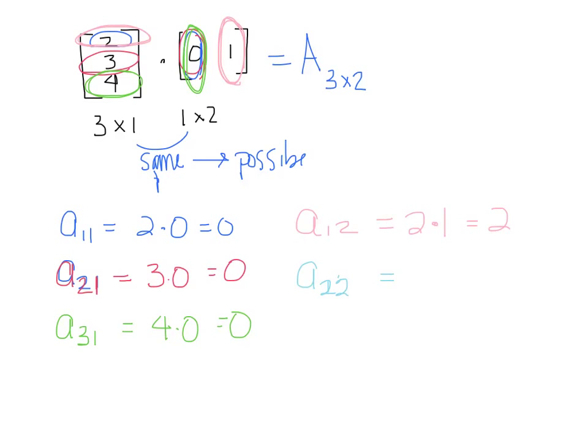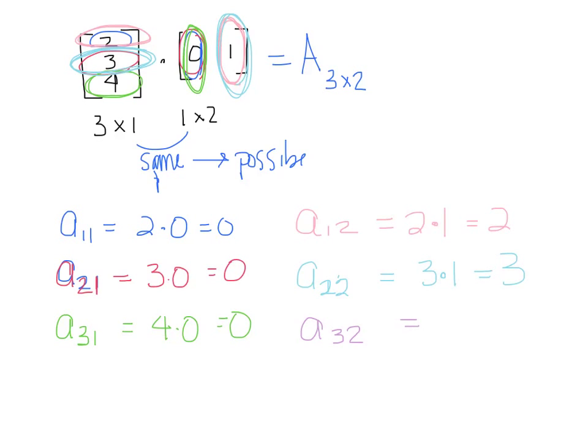Okay, I want to do the second row with the second column. So that's going to be 3 times 1 is 3. And then finally, I think we're almost there. Let's see here. Have I done lavender? I haven't done A32 yet.